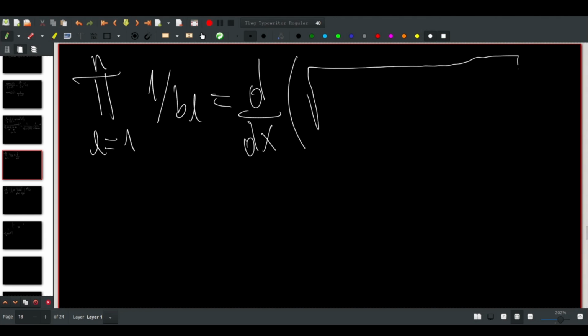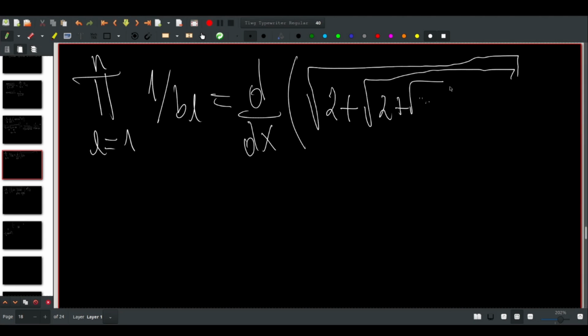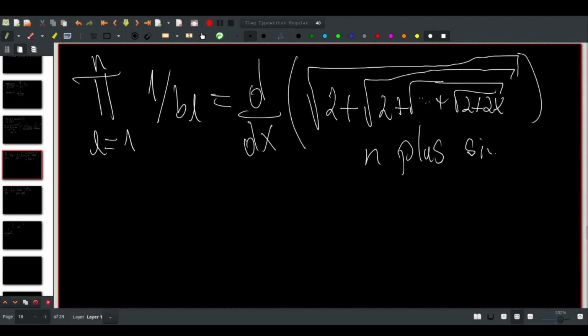The thing that we need to evaluate is 2 plus the root of 2 plus the root, and then we have a bunch of roots. How many? Well, the important thing is that we have n plus signs.